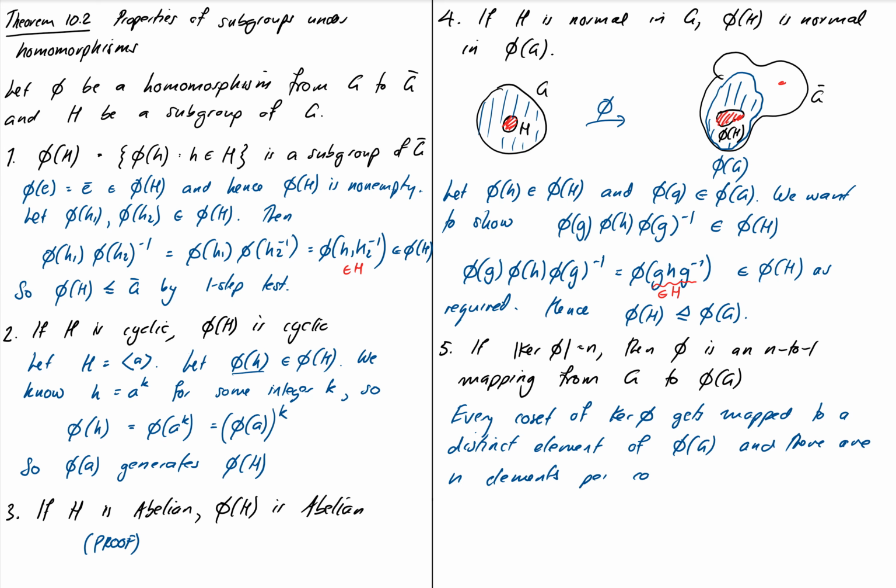Remember, all cosets are the same size and they partition our group G, and therefore our mapping is n to 1, because each of those cosets, which has n things, gets mapped to one element in phi of G. And that's all there is to that one.